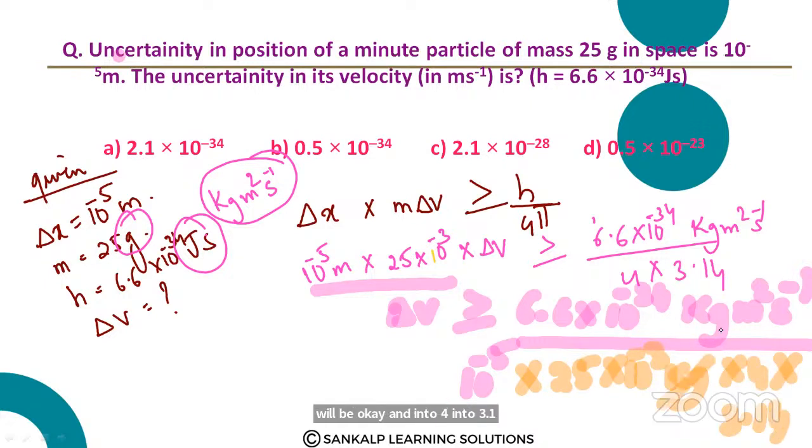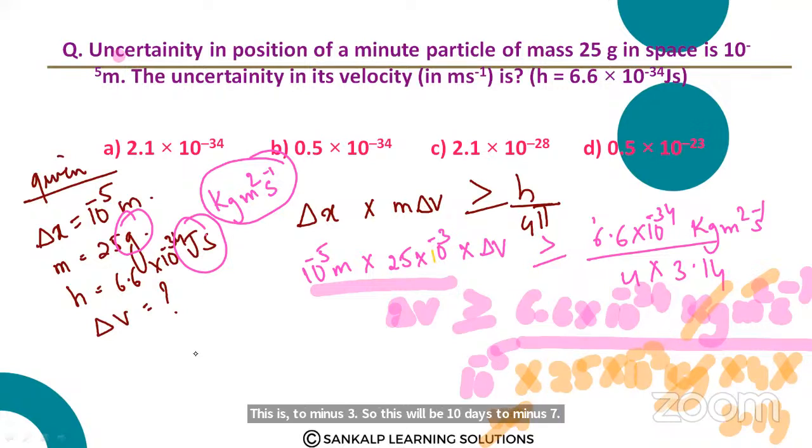So now the kg gets cancelled. Then 10 raised to minus 5 is meter, so this meter and that meter get cancelled, and we are left with meter per second. So 10 raised to minus 5 and 10 raised to minus 3 make 10 raised to minus 7.